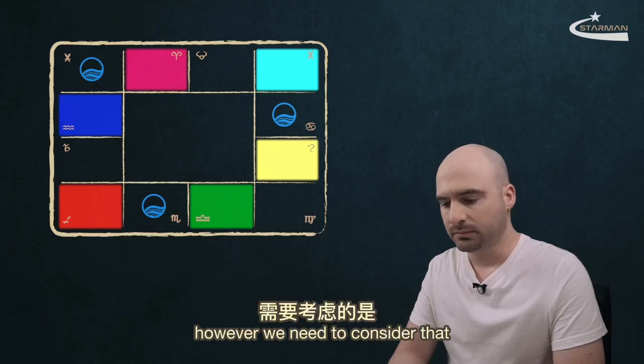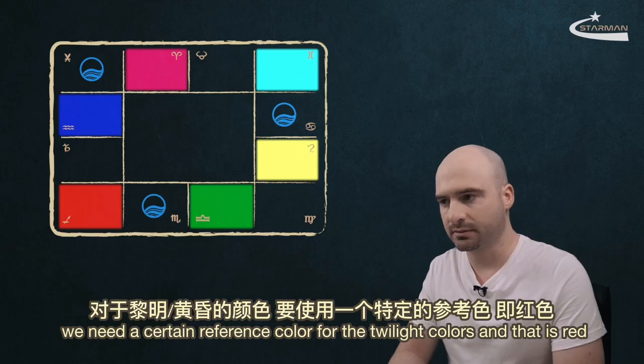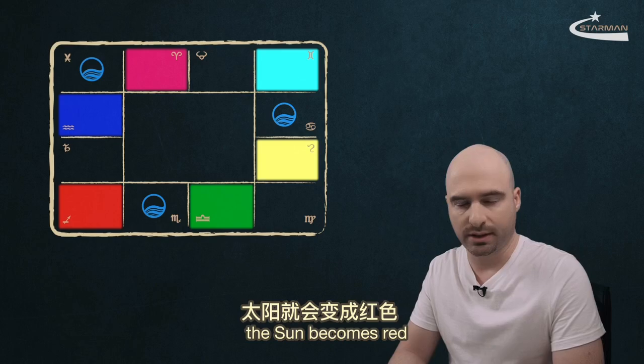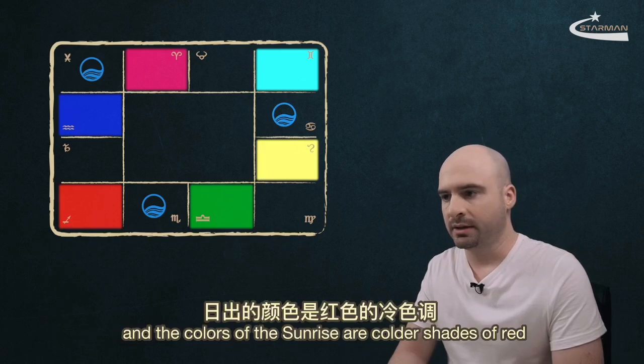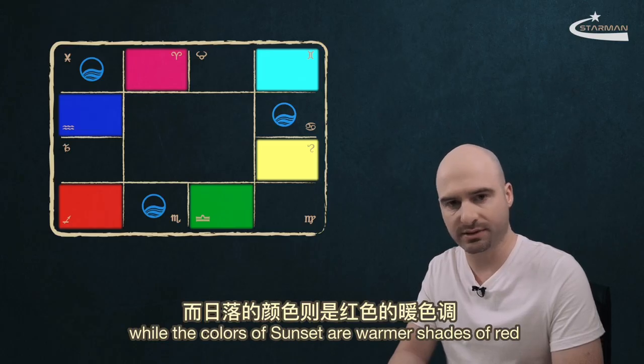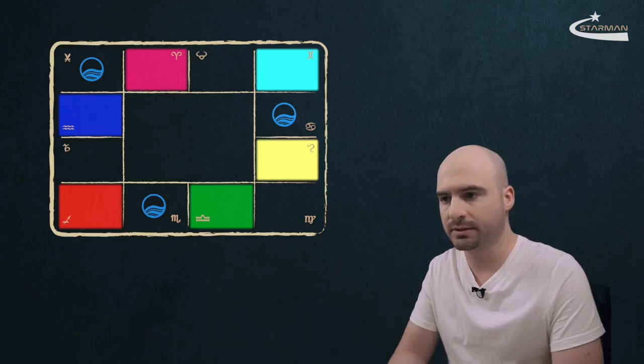However, we need to consider that we need a certain reference color for the twilight colors, okay? And that is red, because when the sun is near the horizon, the sun becomes red, okay? And the colors of the sunrise are colder shades of red, such as pink and purple, while the colors of sunset are warmer shades of red, such as orange and brown, right?